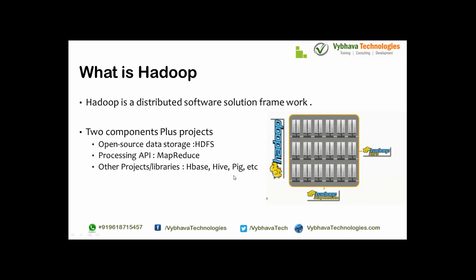Okay. What is HDFS doing? It is providing a solution for storing the data. And what is MapReduce doing? It is giving a solution for processing our data. Okay. These are the main uses of Hadoop. And these are the two core components of Hadoop.